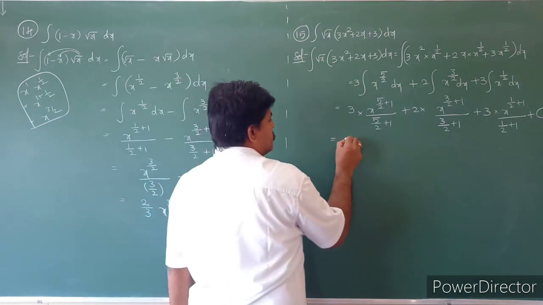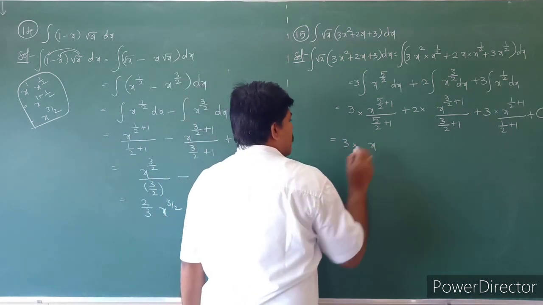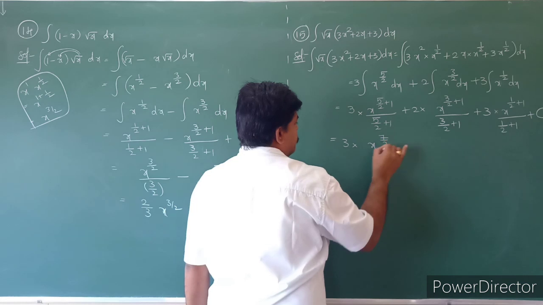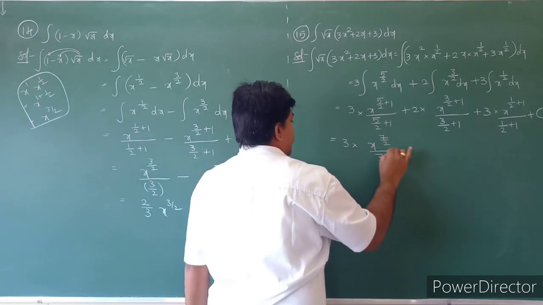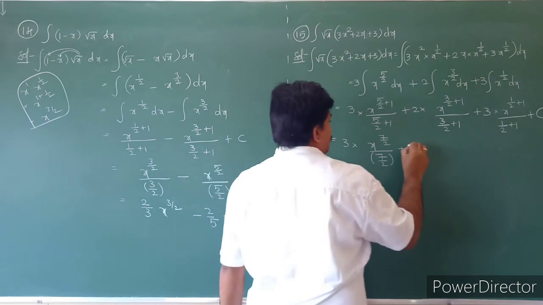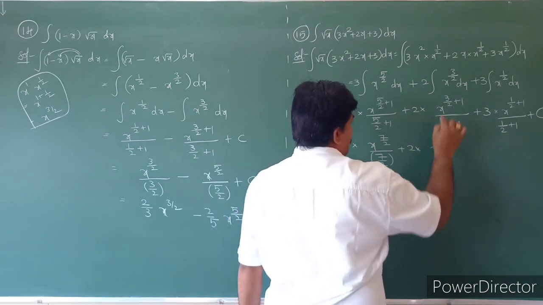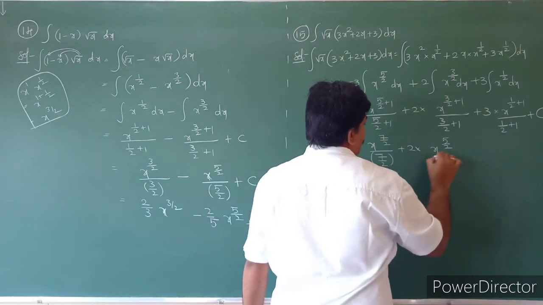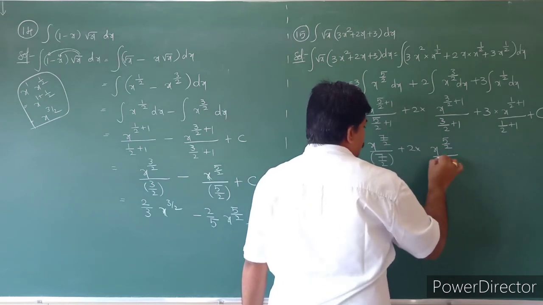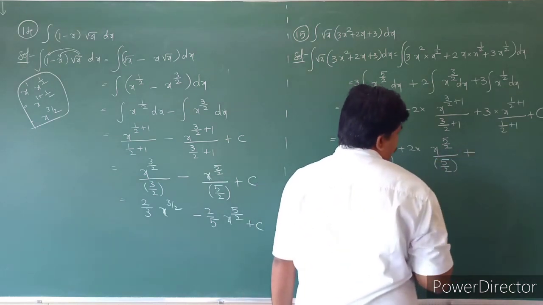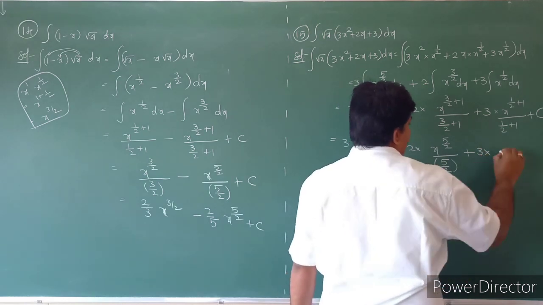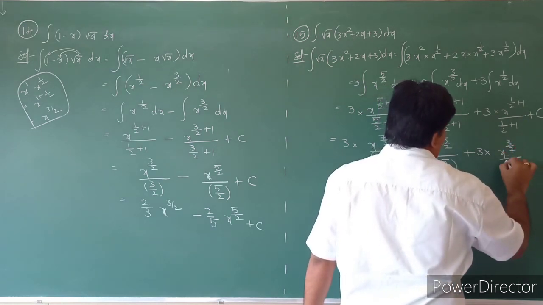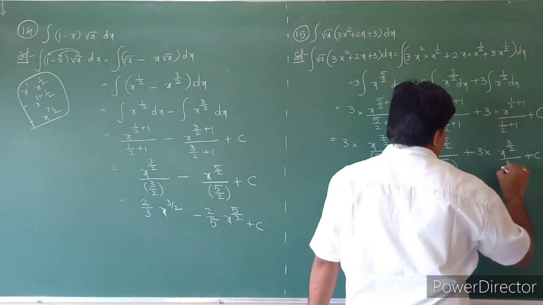So that is equal to 3 into x power, take the LCM, 2 plus 5 is 7, 7 by 2 whole by 7 by 2, plus 2 into x power, take the LCM, 2 plus 3 is 5, 5 by 2 by 5 by 2, plus 3 into x power, take the LCM, 2 plus 1 is 3, so 3 by 2 by 3 by 2, plus c.